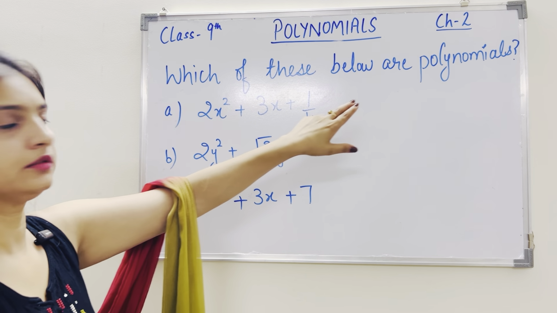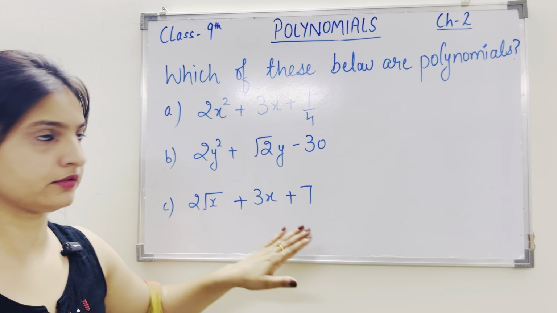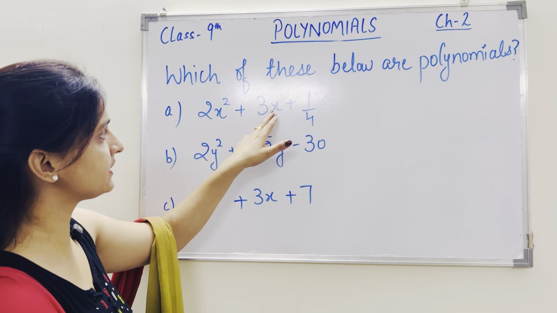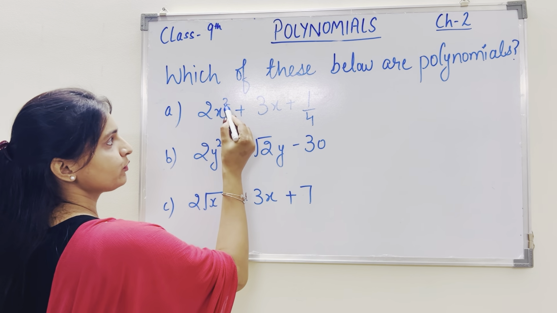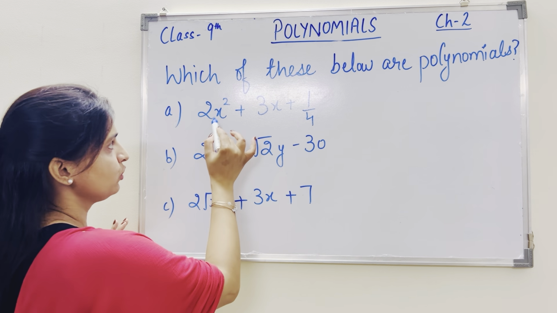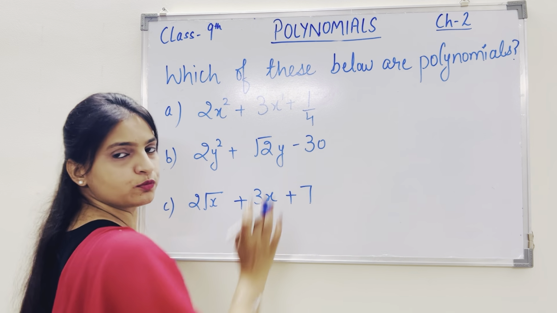Which of the expressions given below is a polynomial? Let us see. In the first expression, 2x square plus 3x plus 1 by 4, all the exponents or powers are non-negative whole numbers: 2x square, here power 1, and here x raised to power 0.